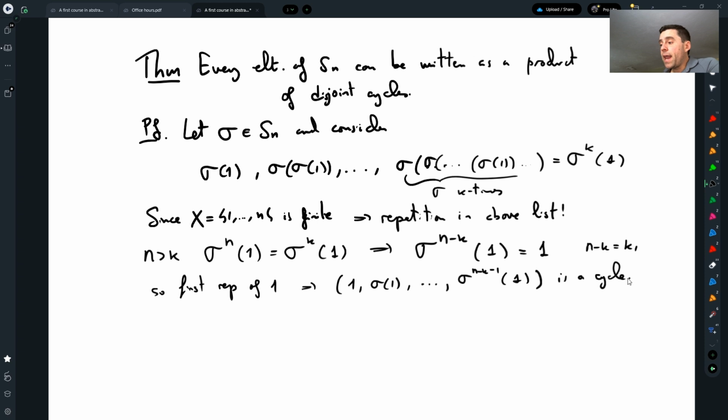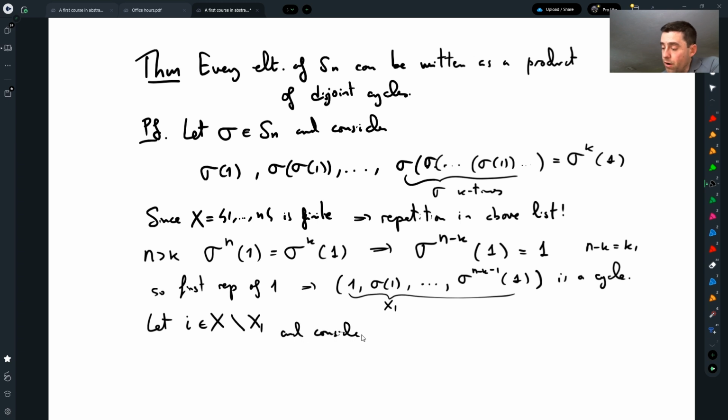Okay? And now just take a number that is not in this list and do the same. Start with i, sigma i, and so on. So let i be in x, but not in x1. The numbers that are in here, I'm going to call that x1, the set with all those numbers. So take some number that does not appear in the cycle and do the cycle of that number.